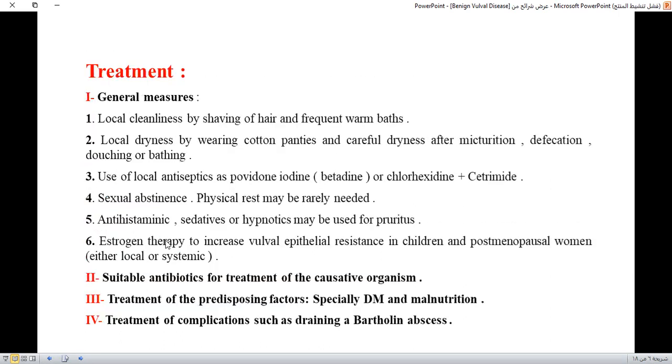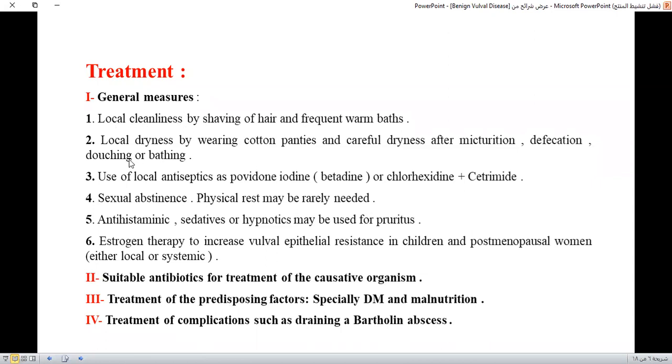As we say, treatment includes the following: general treatment, suitable antibiotic according to the causative microorganism, treatment of predisposing factors like diabetes and malnutrition, and the last one, treatment may need drainage of the Bartholin abscess. What are the general measures important for treatment of acute vulvitis?